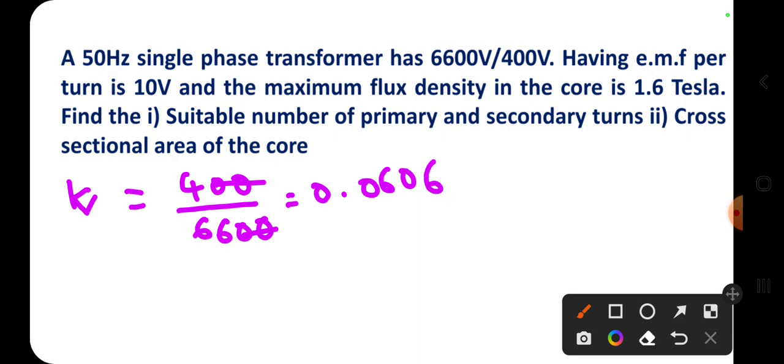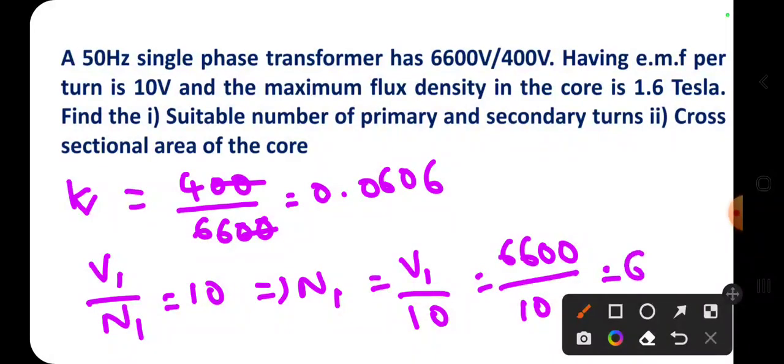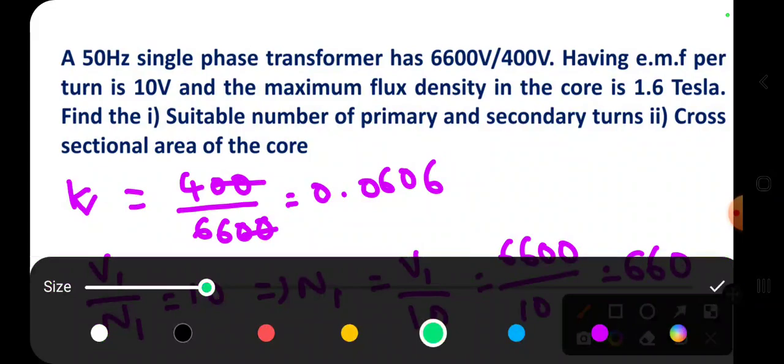And he said V1 by N1 is equal to 10. That means what is N1? N1 is V1 by 10, where V1 is 6600, so 6600 by 10. So then how much is it? 660. And similarly, what is N2?